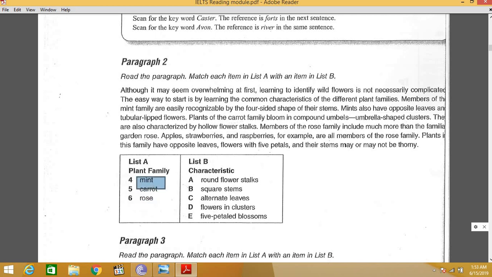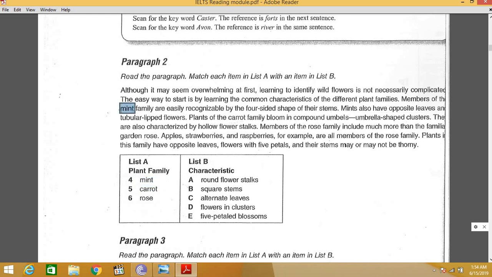Mint. We should now use our skimming to find out the word mint. So I don't generally read the text. I'm trying to find out the word mint here. I found here mint.